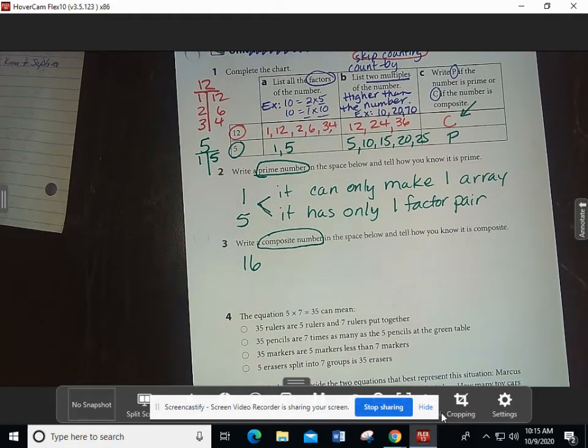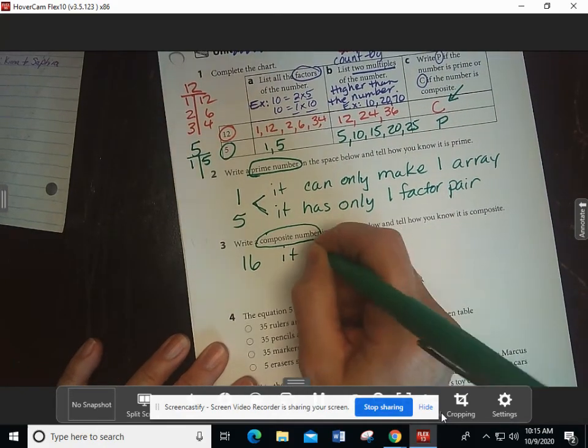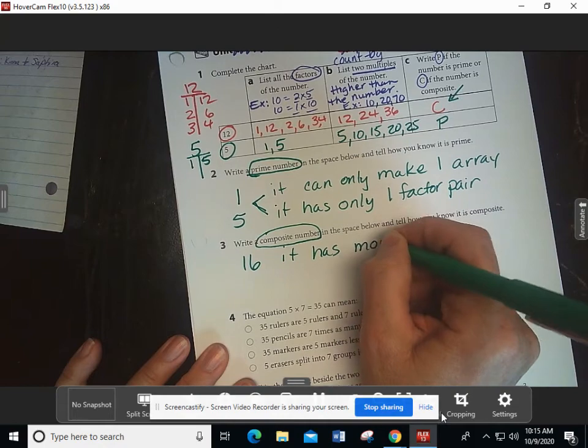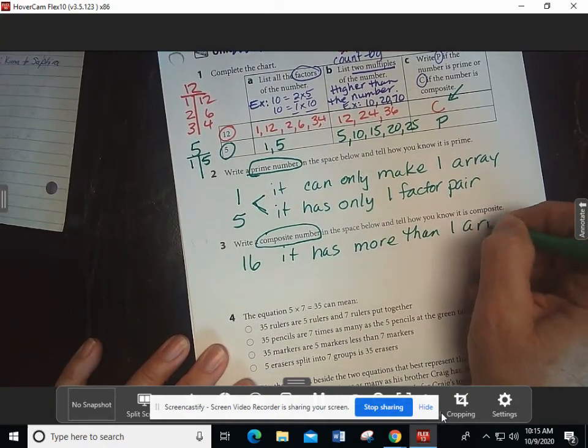How do we know it's composite? Besides Millie saying our poster tells us so. Look, it can be made into more than one array. It has more than one array.